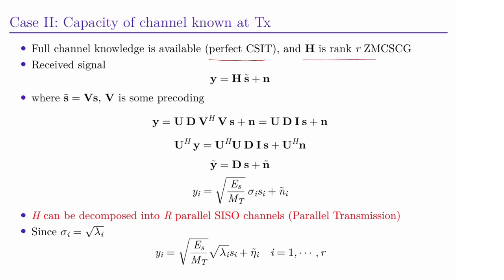H is rank R, zero mean circularly symmetric complex Gaussian, and the received signal is given by Y equal to H S tilde plus N, where S tilde is V times S, where V is some precoding. So at the transmitter side we have some precoding V, and the input to the precoding is S1, S2 and so on up to SR, and after precoding we are transmitting the signal into the air.